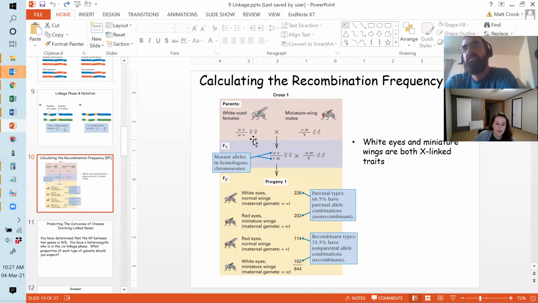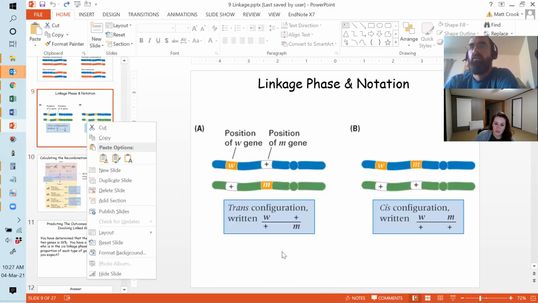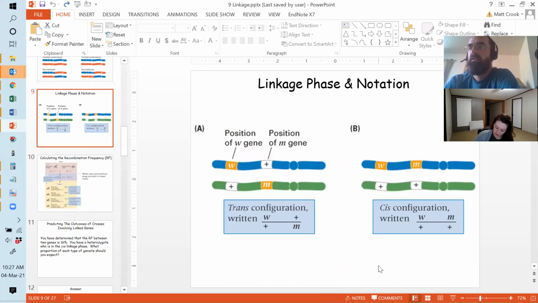What you're looking at, if you remember from lab, is that what's above the line is one chromosome and what's below the line is another chromosome. This is even trickier. Us geneticists, we're all a bunch of tricksters.